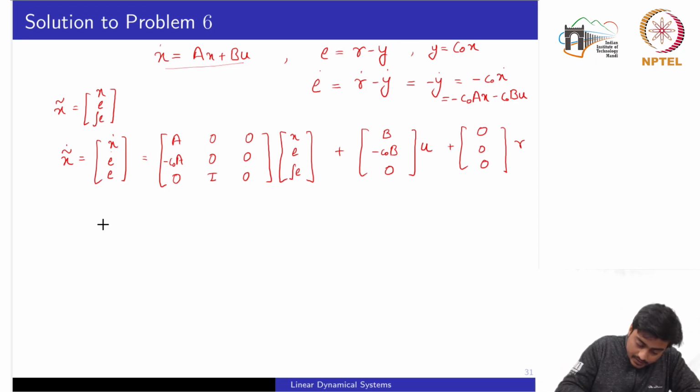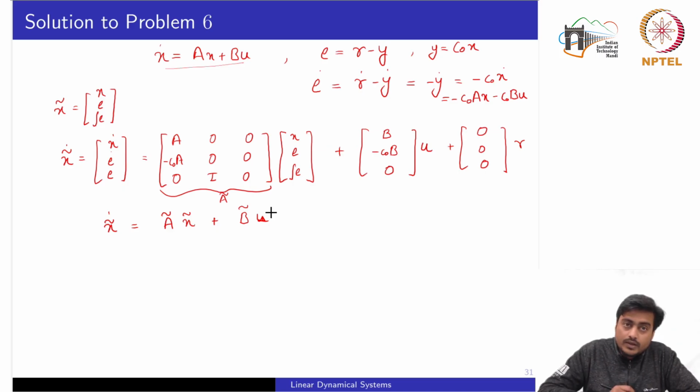So I can write this new state space system as x tilde dot is equal to a tilde x tilde plus b tilde u. Using this new state space equation, I have access to x tilde, and I can design my state feedback matrix.